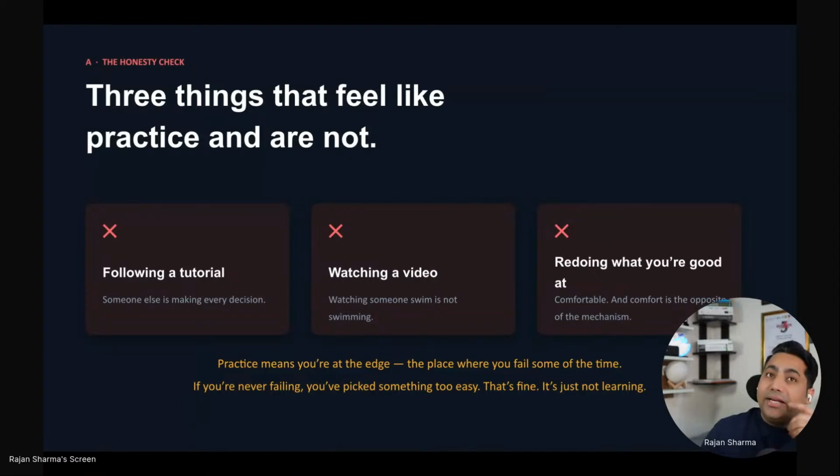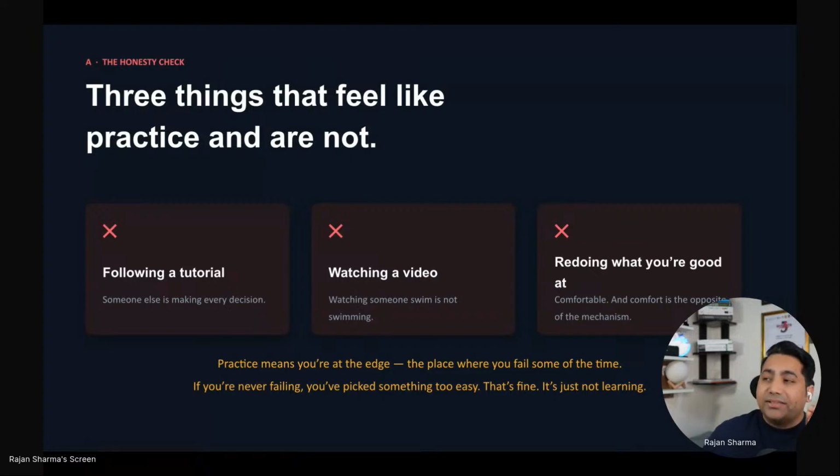And redoing something that you are already an expert at doesn't make you more expert. It just fixes a piece of the thing, and it becomes comfortable, because comfortable is the opposite of the mechanism. Practice means you are at the right edge.